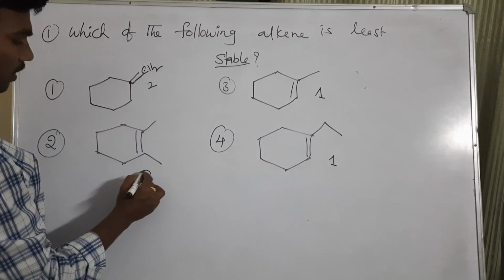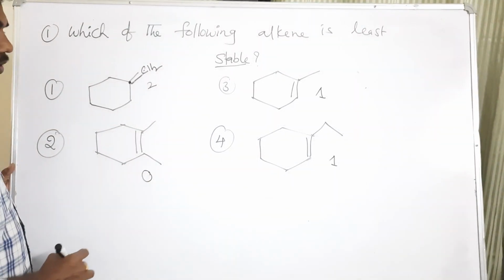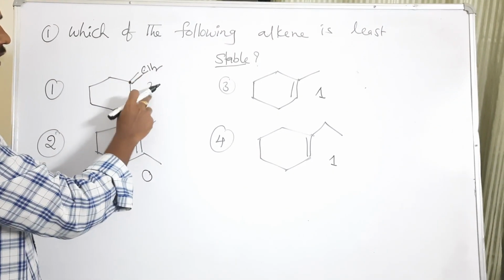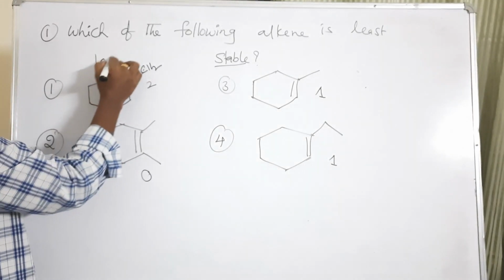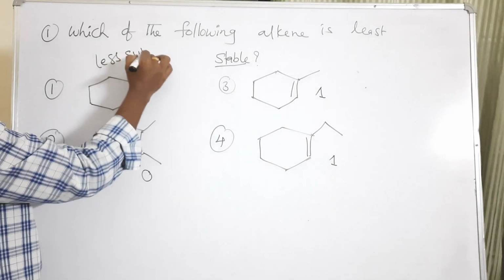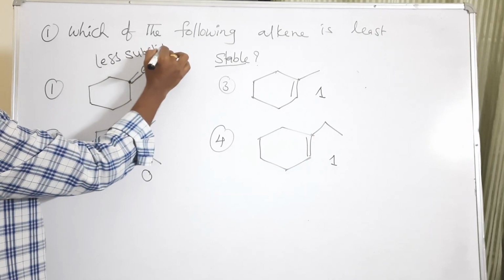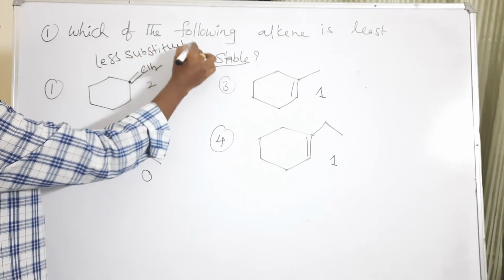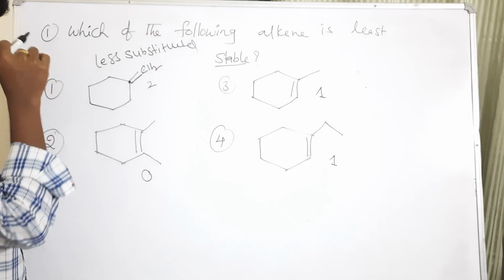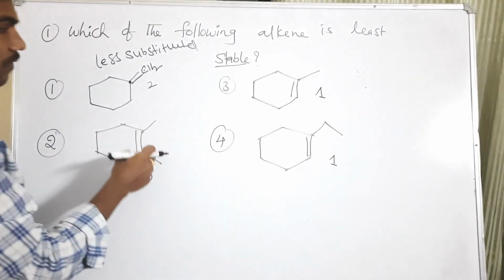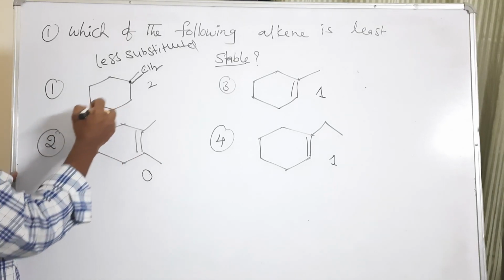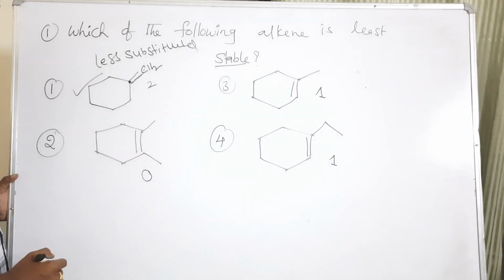Here 0 hydrogens are there. On the double bond carbons, if more hydrogens are there, that means it is less substituted. Less substituted alkenes are less stable. Highly substituted alkenes are more stable. So among the 4, which one is less substituted? This one is less substituted. So the answer is this one.